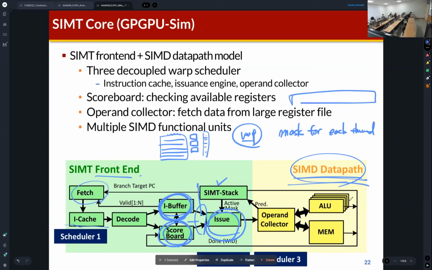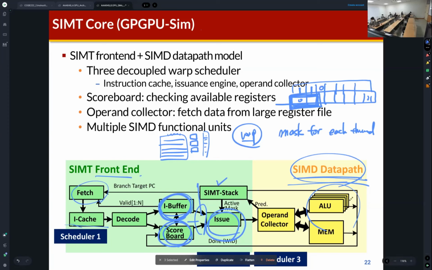For example, there are multiple threads in a warp here, 0 to 31, and the warp decides which threads will really be executed by this back end. If this execution mask is set to 1, the corresponding threads are executed.